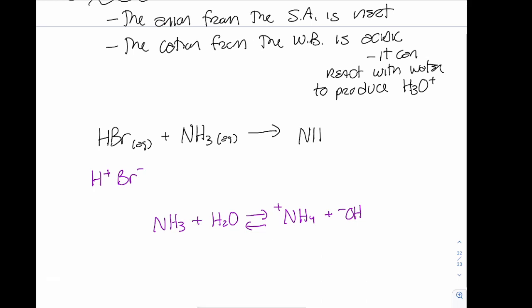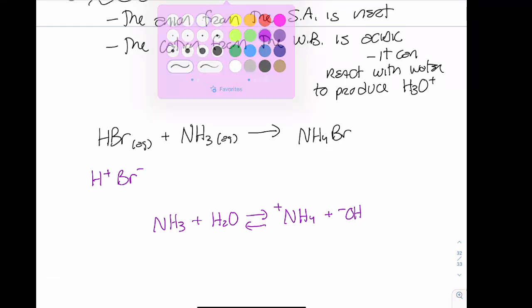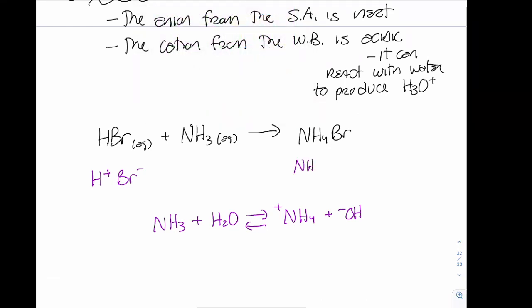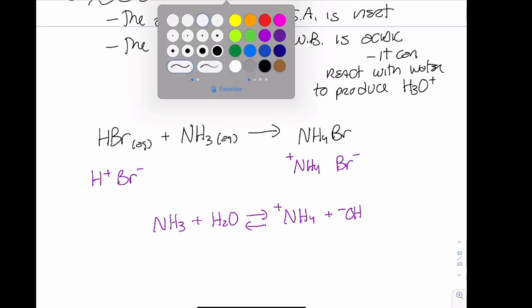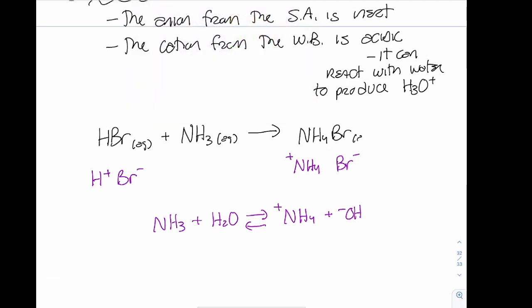So my salt is actually ammonium bromide. In aqueous solution, this is completely dissociated using our solubility rules. But the actual salt, if you were to write it in salt form, not in its ionic form, I do have those hydroxide ions.